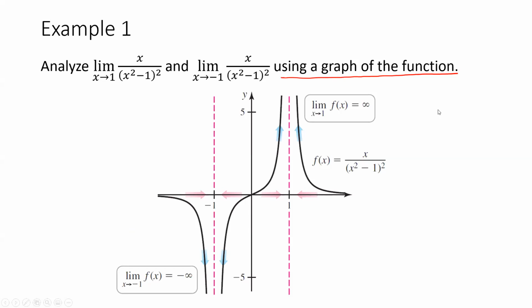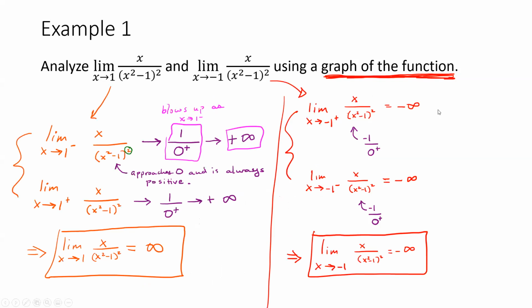Professor, I'm kind of confused on the 0 plus in the denominator on the previous slide, like what that means. Yeah, I was using that as a way of describing the behavior. I'll explain this again in a simpler example later. The idea is that the denominator is approaching 0, but it's always positive, so the little plus reminds me that it's always positive.